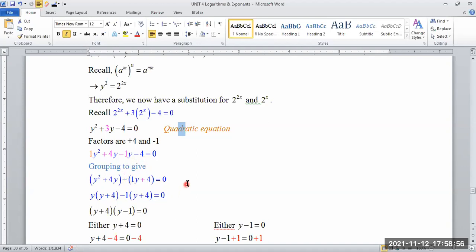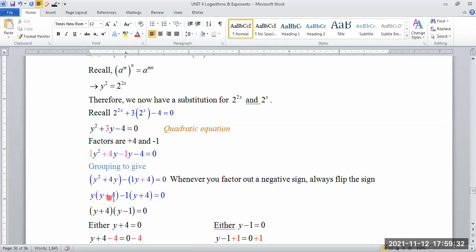So just remember, whenever you factor out a negative sign, always flip. Always flip the sign.